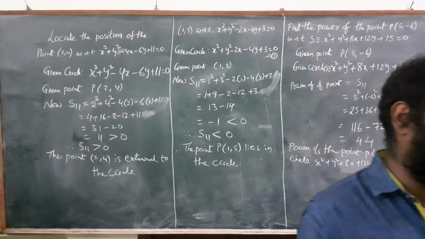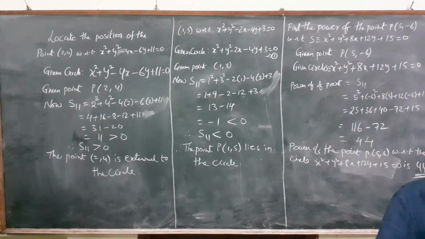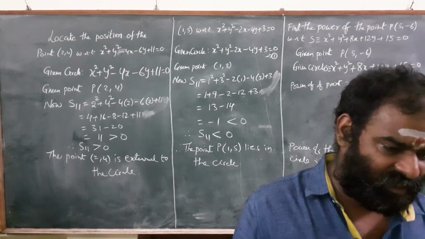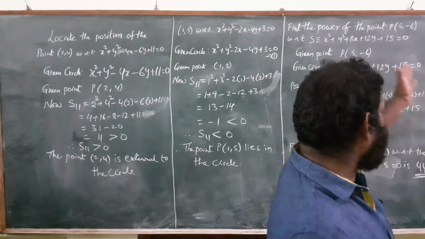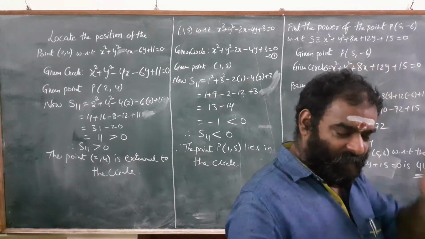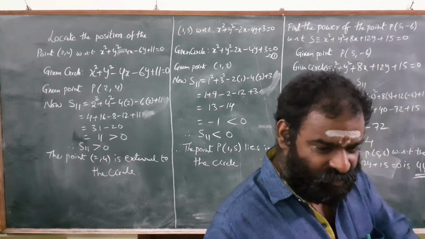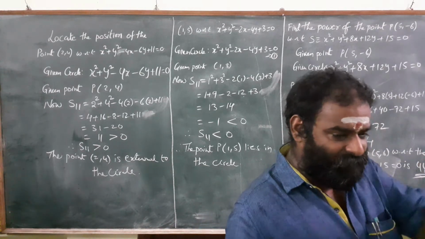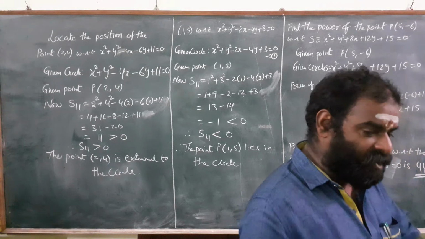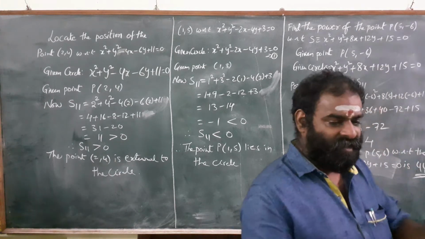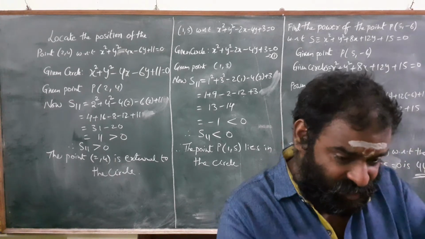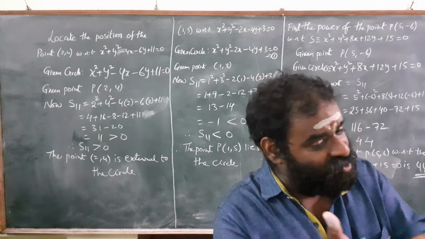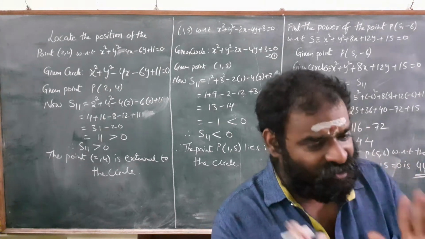So you can tell the position of a point with respect to a circle according to the power of the point also. If the power of the point is positive, then the point lies outside the circle. If the power of the point is negative, the point lies inside the circle. If the power of the point is 0, then the point lies on the circle.